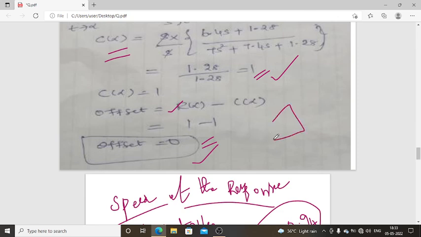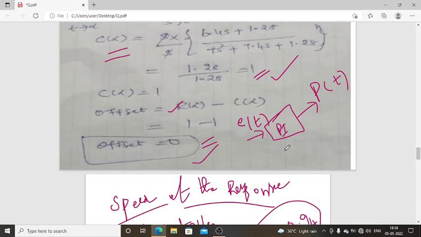This is the PI controller, where the input is E of t and the output is P of t. So the controller output must be constant, so that the manipulated variable is also constant.